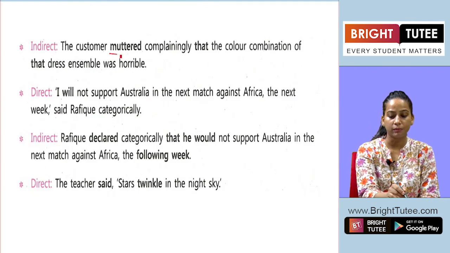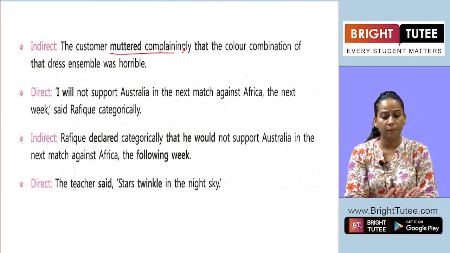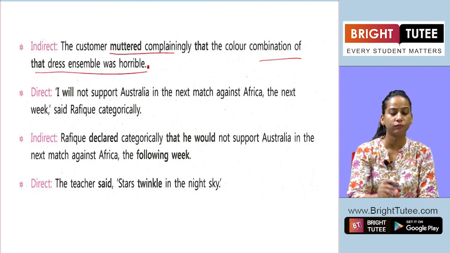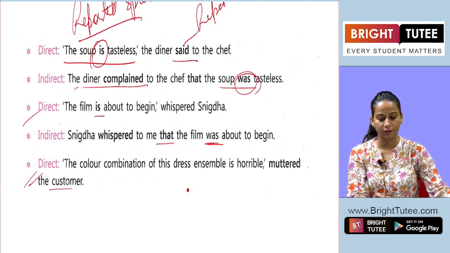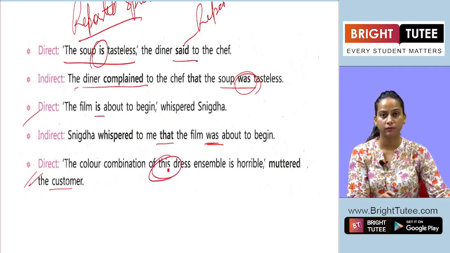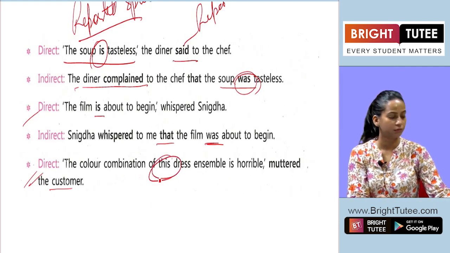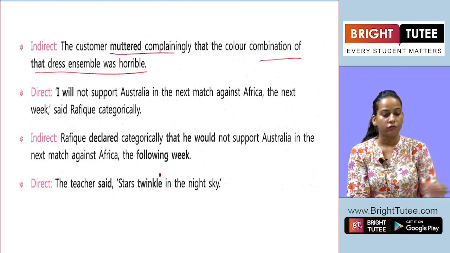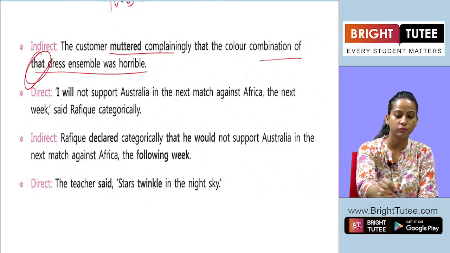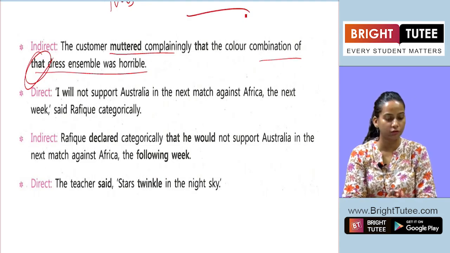The customer muttered complainingly that the color combination of that dress was horrible. What have we done here? The this given here, the color combination of this, we have changed to that. Clear? This changes to that when we are changing direct into indirect.